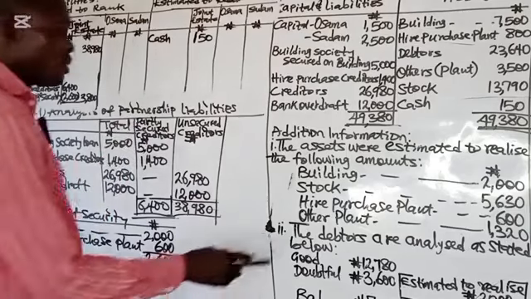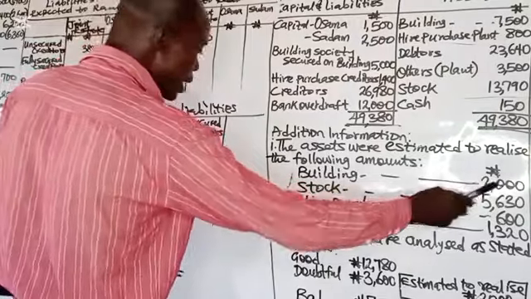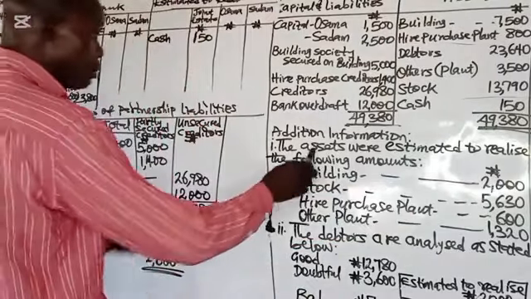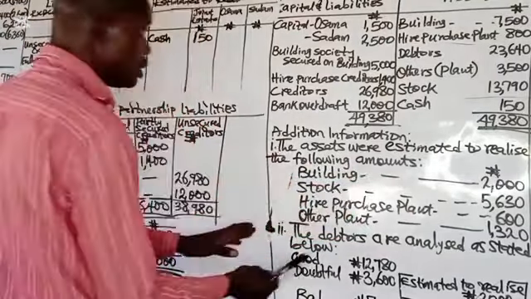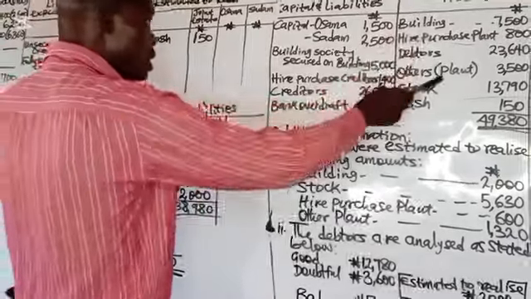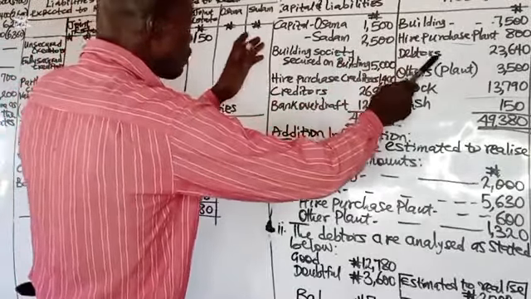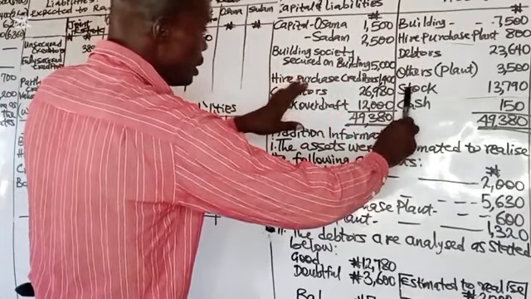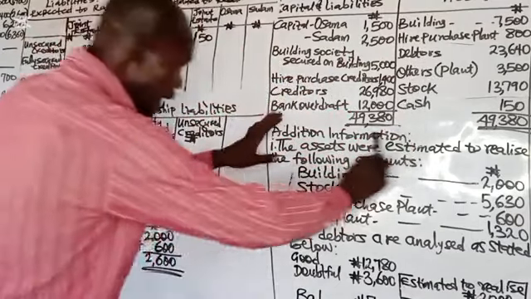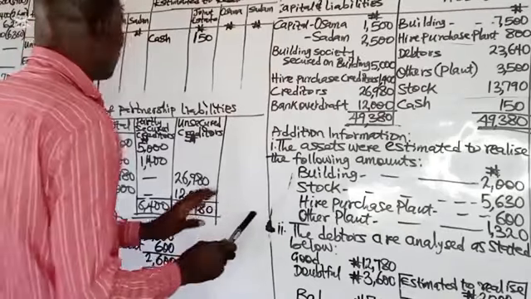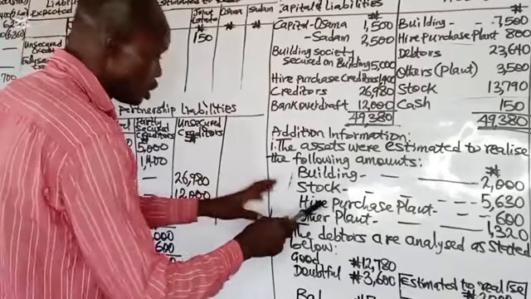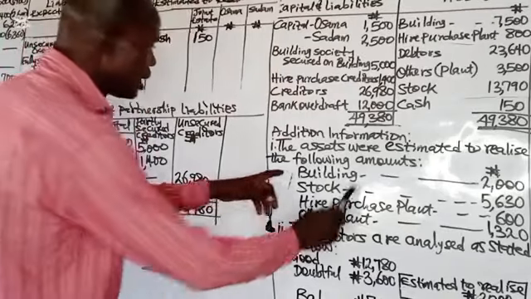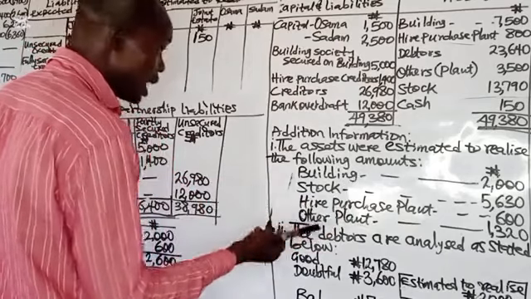Then we have buildings, which have been used as collateral. I've told you it is the realizable value of the asset that should be used, not the book value. The only thing I take from the statement of financial position is the cash. The rest of the assets used in the statement of affairs will be the realizable value. Building has been used as collateral, so you don't need that.